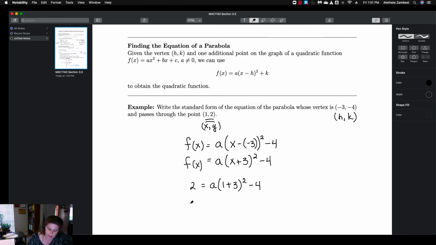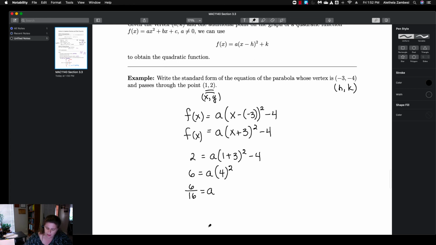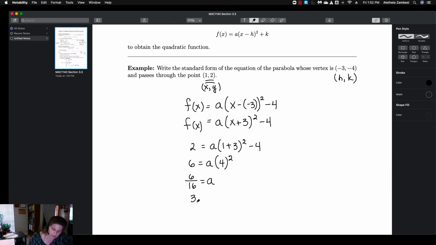Adding 4 to both sides, I get 6 equals a times 4 squared. And dividing through, 4 squared gives me 16, so I have 6 over 16 is equal to a. Simplifying that fraction, 3/8 is equal to a. Means my equation, f of x, is equal to 3/8 times x plus 3 squared minus 4.